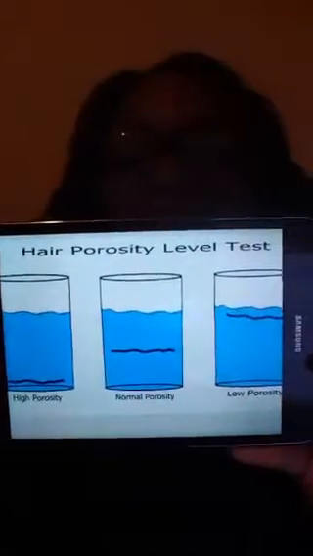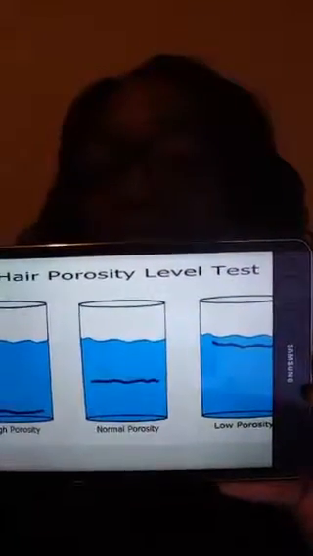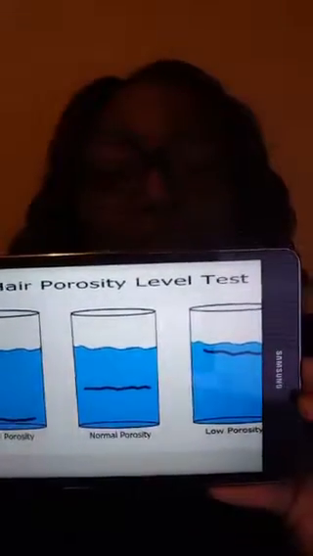I'm going to show you a graph of what I use. Basically, you take an individual hair strand out of your hair, from the back or the middle or wherever, and you take a cup of water. It doesn't have to be hot; lukewarm water is fine. You drop the strand into the water, and it will look something like this. If your hair is low porosity, it's going to float completely to the top.